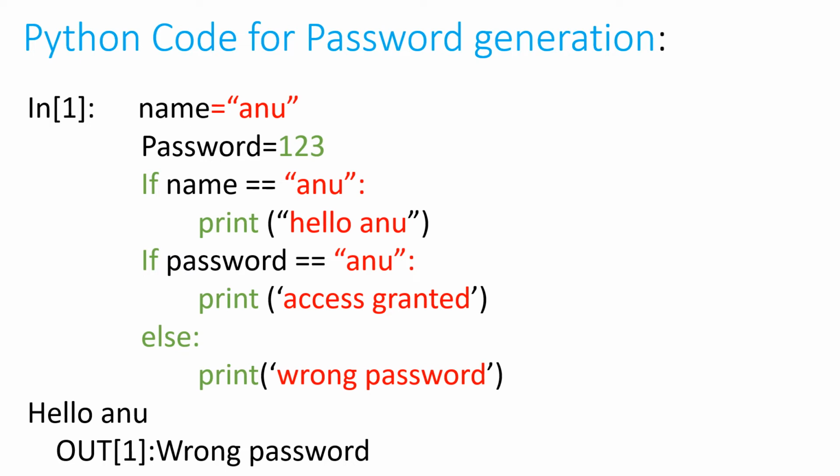Here we are using if else conditional statements. If name double equals Anu, it will print hello Anu. If the password double equals Anu, it will print access granted, otherwise it will print wrong password. Here it is wrong password, and then we will move on to the next slide.